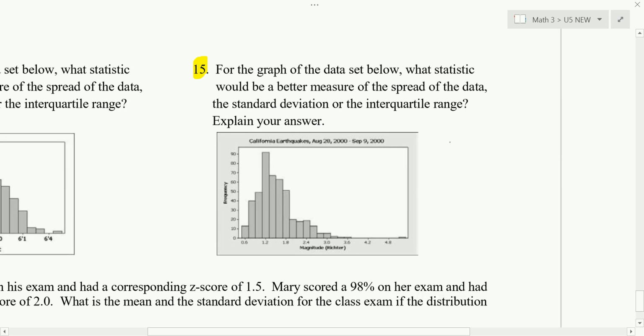Well, we have two types of measures. We have non-resistant measures, and we have resistant measures.